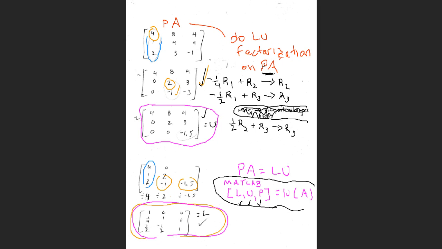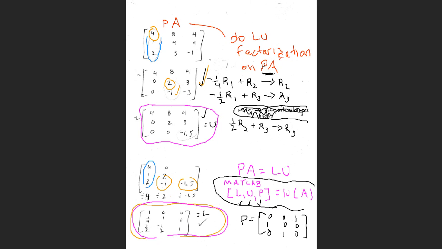The matrix P, just for reference, the permutation matrix from the previous page was 0, 0, 1 on the first row, 1, 0, 0 on the second row, and 0, 1, 0 on the third row.